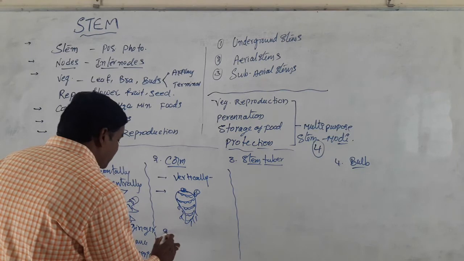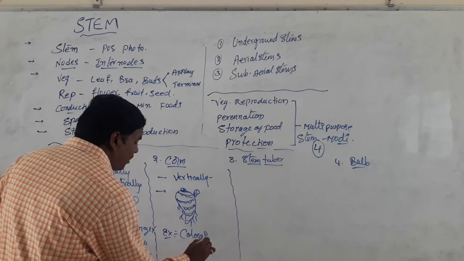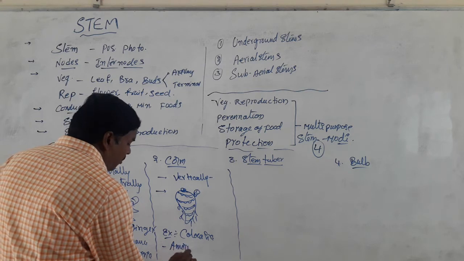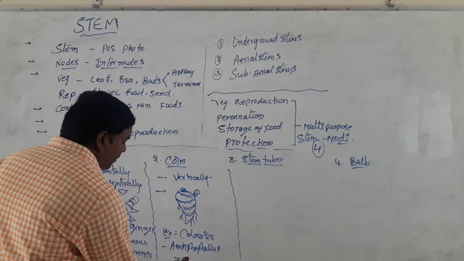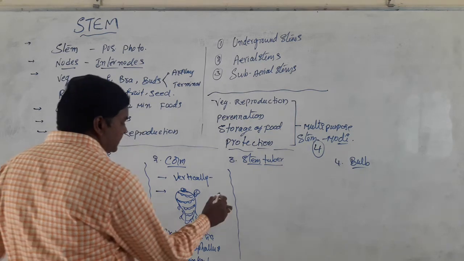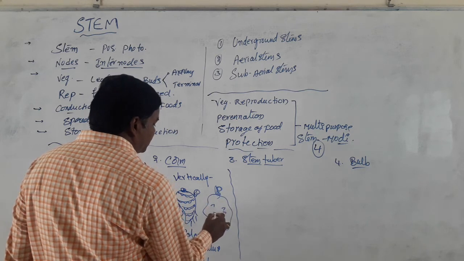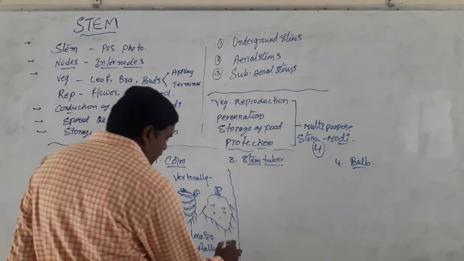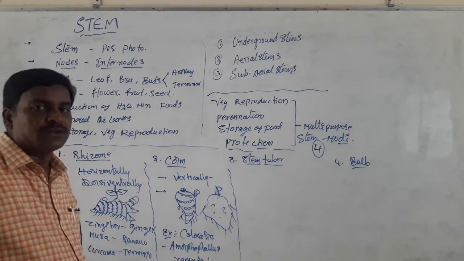Some of the best examples for this underground stem modification: Colocasia is one of the examples, and the second one is Amorphophallus, which means Jamikand. This Jamikand is also represented by some specialized adventitious roots, called pull roots, also called contractile roots.